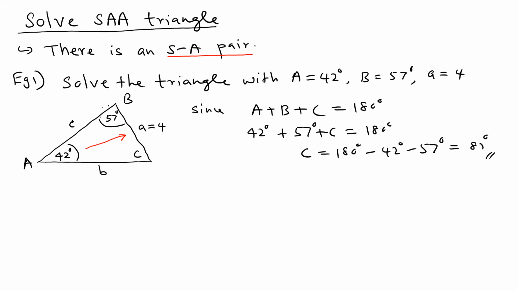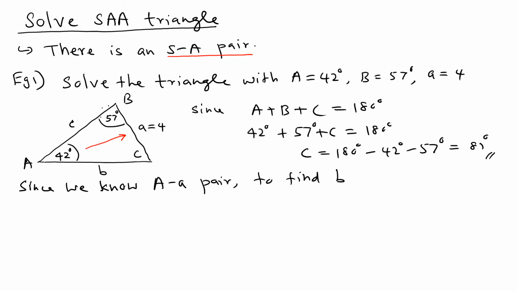Now we can use the sine law to find the rest of the sides. Since we know a side-angle pair, to find b, we can use the sine law.